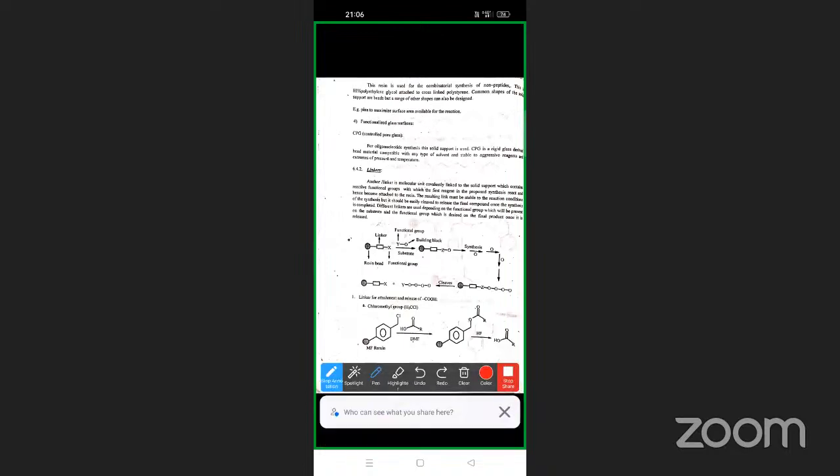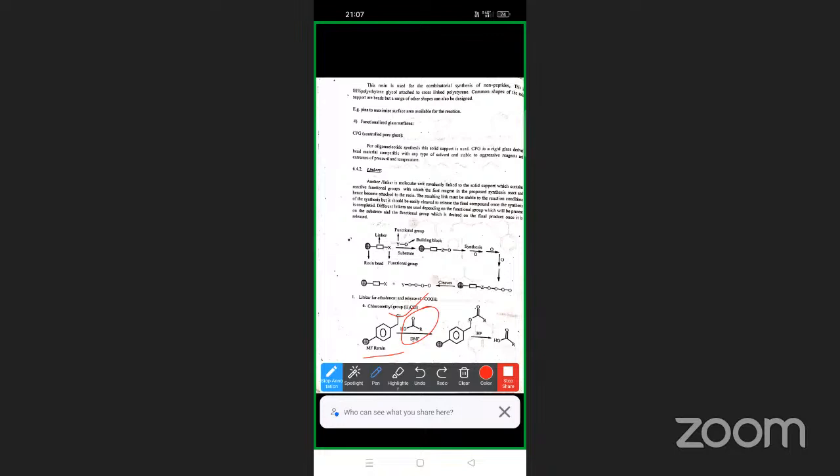So to release the carboxylic acid, this chloromethyl group is okay. Here, MF resin means Merrifield resin, so it has the CH2Cl chloromethyl group. When your building block or substrate molecule has a carboxylic acid group, the suitable linker is the chloromethyl group, and the resin is the Merrifield resin.